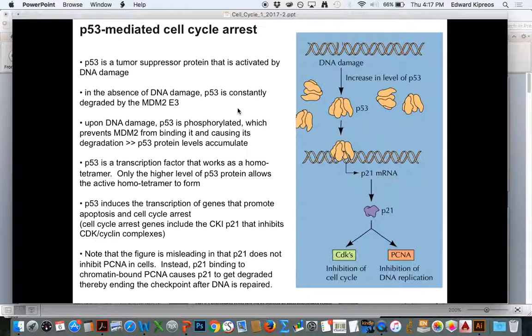P53 is going to form a tetramer. The tetramer is a transcription factor. So now the tetramer, because it's no longer being degraded, is going to turn on gene expression.